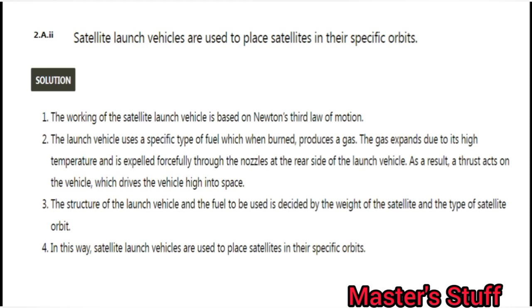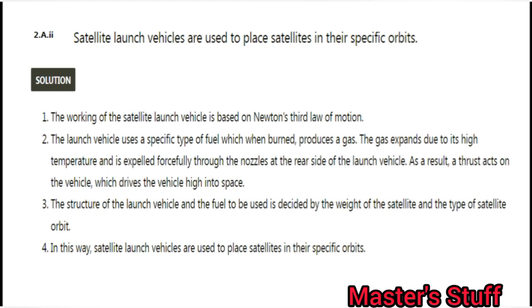Second point, the launch vehicle uses a specific type of fuel which when burned produces a gas. The gas expands due to its high temperature and is expelled forcefully through the nozzles at the rear side of the launch vehicle.